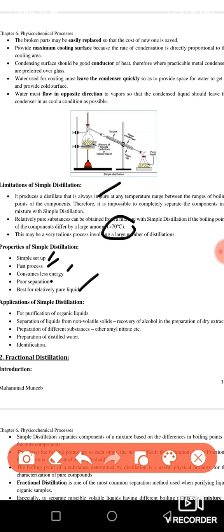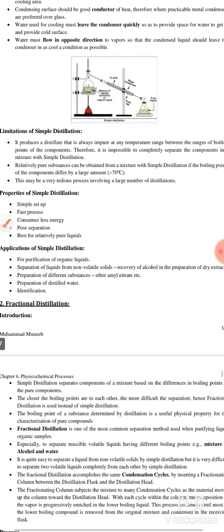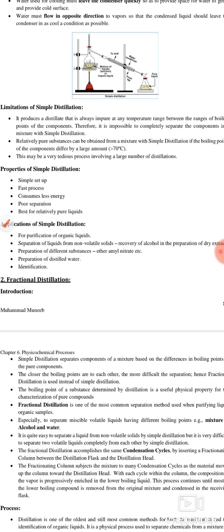Now some applications are given. It is used for the purification of various liquids and for the separation of liquid from non-volatile solids. It is also used for the separation of different substances, the preparation of distilled water, and the identification of various organic compounds.